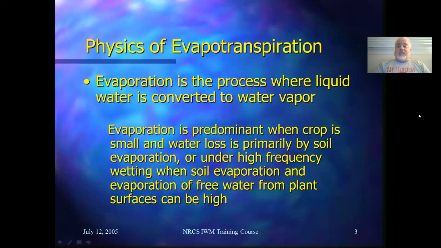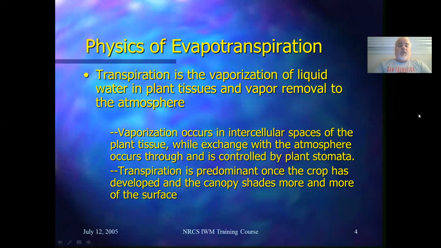Certain kinds of grasses, in certain environments, need heavy overhead water, maybe not huge amounts of it, but frequent. And so when you constantly have lots of water available to evaporate on the surfaces of the leaves or the soil, evaporation is much higher.